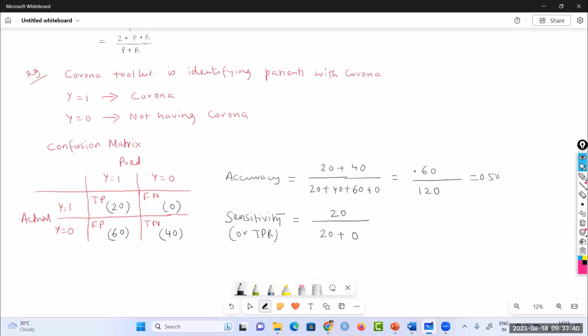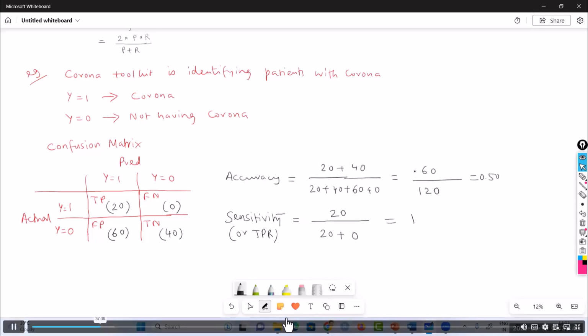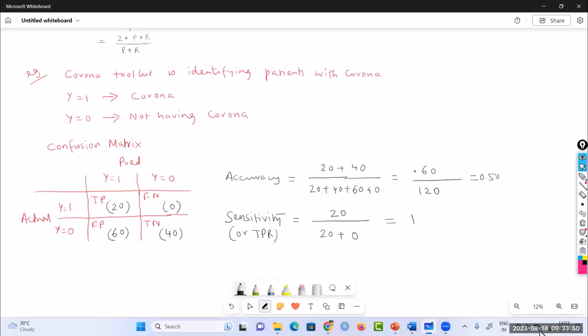So 20. Just let me check true positive, true negative. Okay, let me change this to true negative.